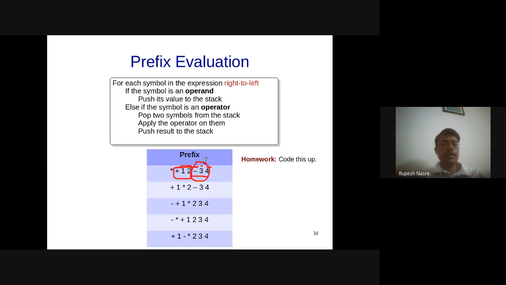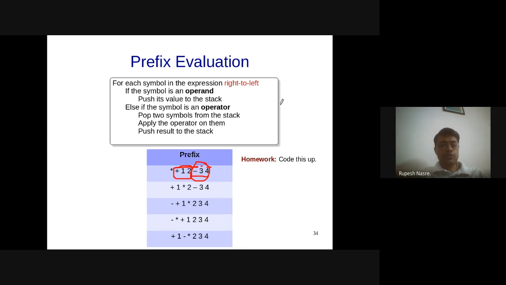Does it create a problem? Well, we'll see that it doesn't. Minus 3, 4 is getting pushed to the stack, and the value minus 1 is going to be the second operand of the operator star. So that is going to be pushed below in the stack, and therefore it will be taken out in the end. Just that the evaluation is happening from right to left.